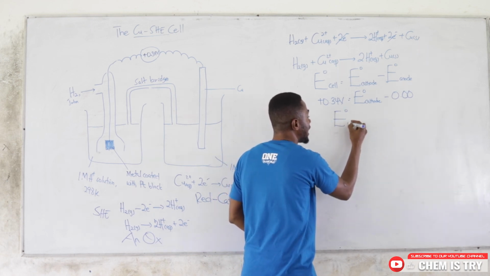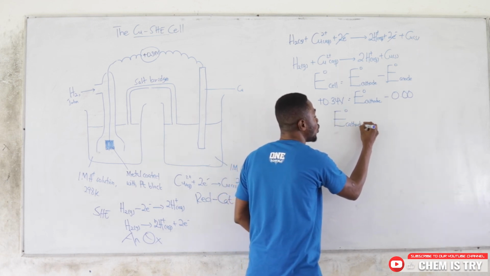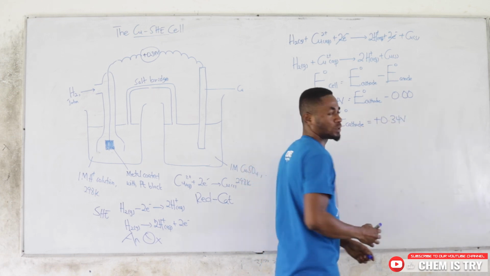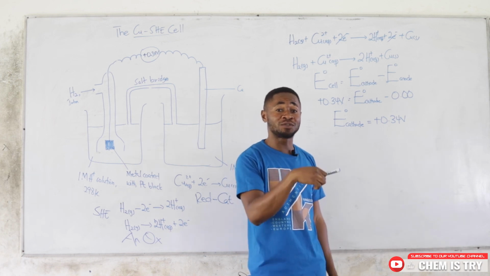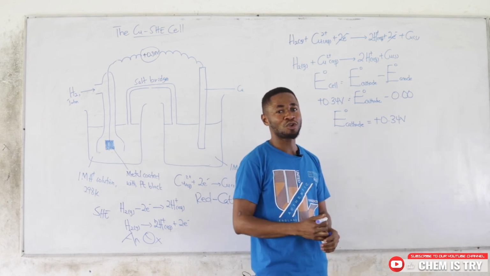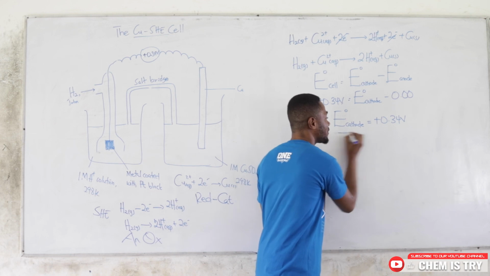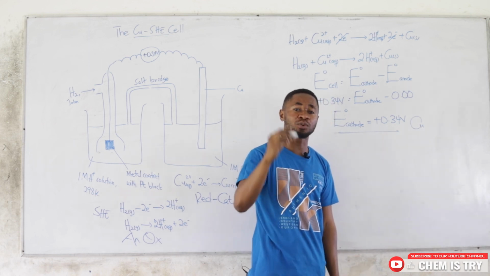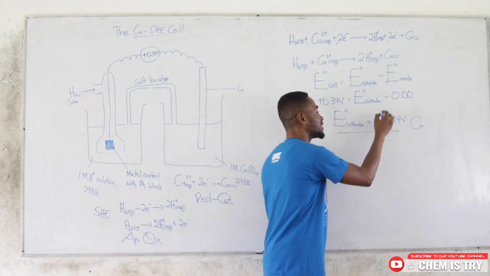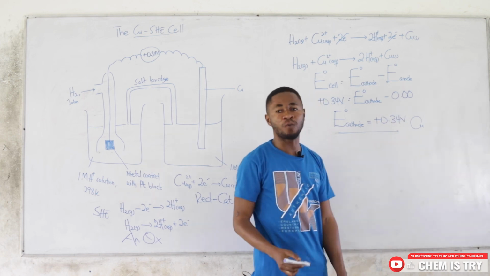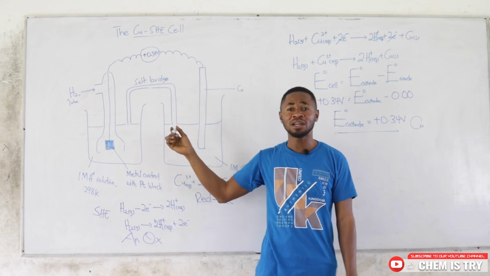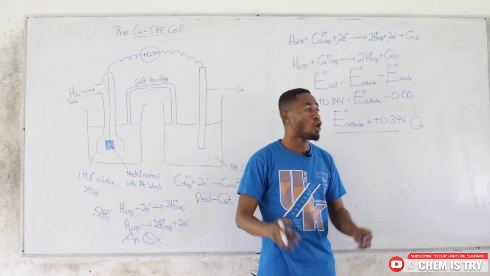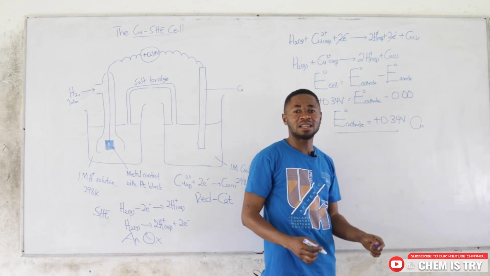So the standard electrode potential of our cathode becomes positive 0.34 volts. You can check the previous video and look at the chart. You would realize that copper has a standard reduction potential value of plus 0.34 volts. And this is how they came about the standard reduction potential values of all those elements that were presented in the table.